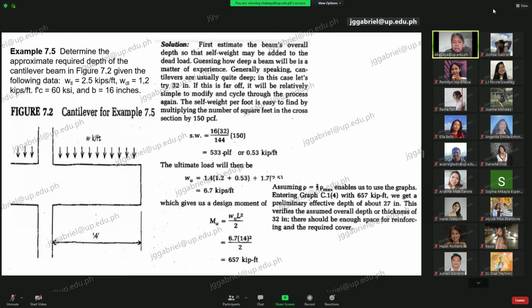Sinusubukan lang natin yung 32 if it is appropriate. Okay? So 16 by 32 divided by 144. This 144 is just a conversion factor. Then multiplied by 150. 150 is actually the unit weight of concrete. So therefore, the self-weight would be 0.53 kip per foot. Okay?